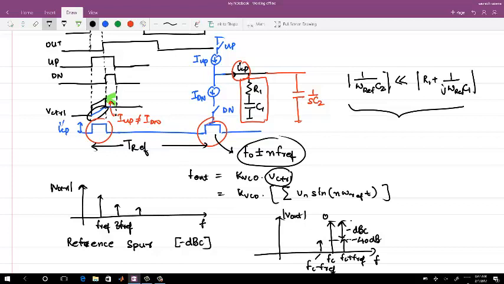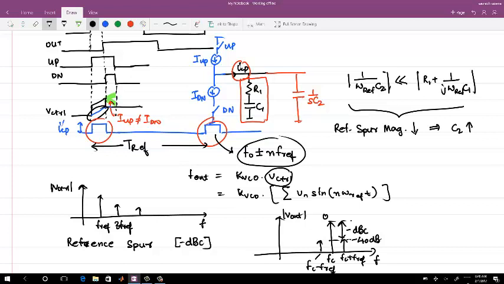So, in order to suppress the reference spur magnitude, qualitatively, I haven't gone into it in a quantitative manner, this requires that I should increase C2.